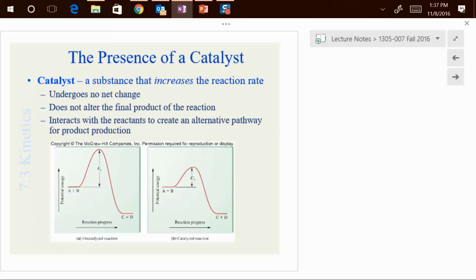And how does a catalyst do that? Well, it does that by orienting molecules correctly. It holds them in place. It puts stress on bonds so that those bonds will break with less energy.